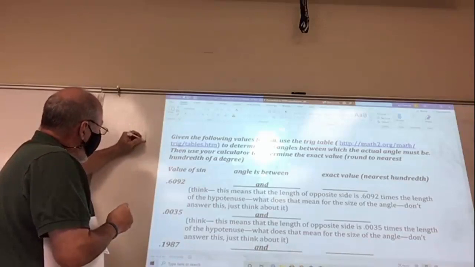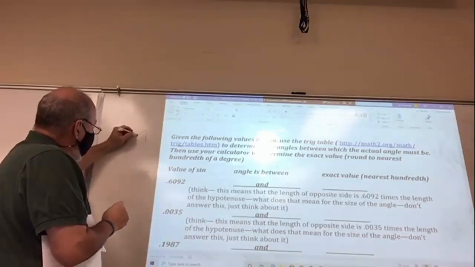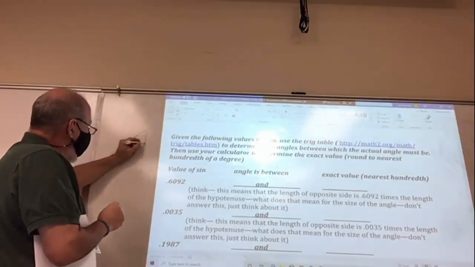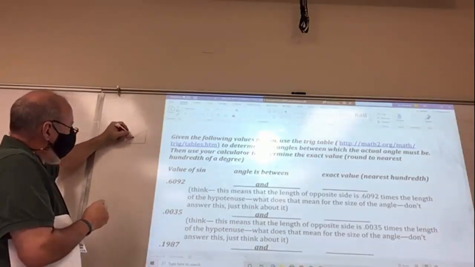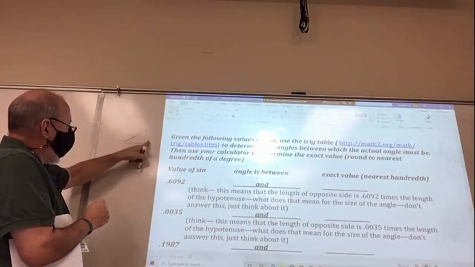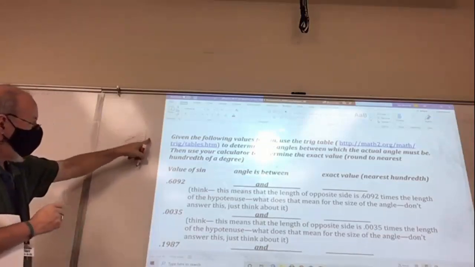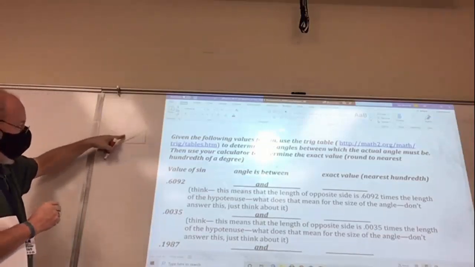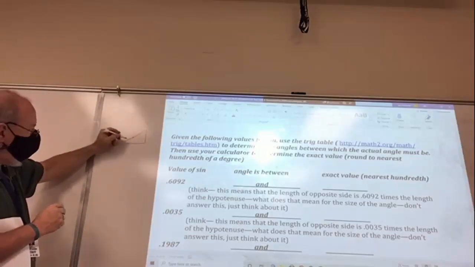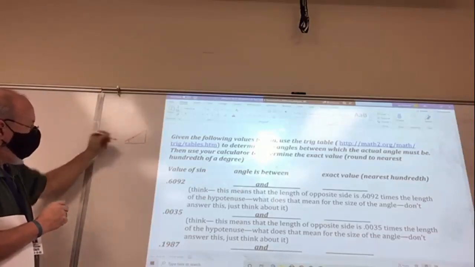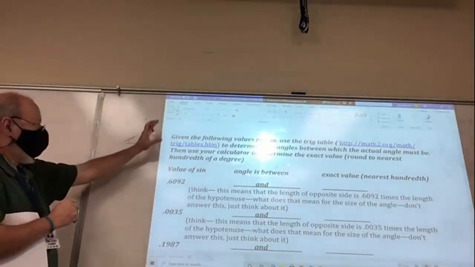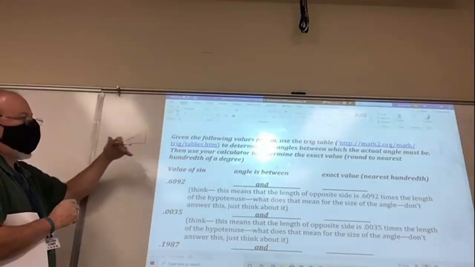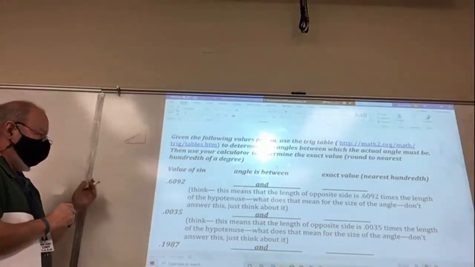If you knew that the opposite side was about 6/10 of the length of the hypotenuse, what would that mean for the angle? And if you practice that enough, you'll get to a point where you can predict if the sine is such and such, my angle is going to be about such and such.